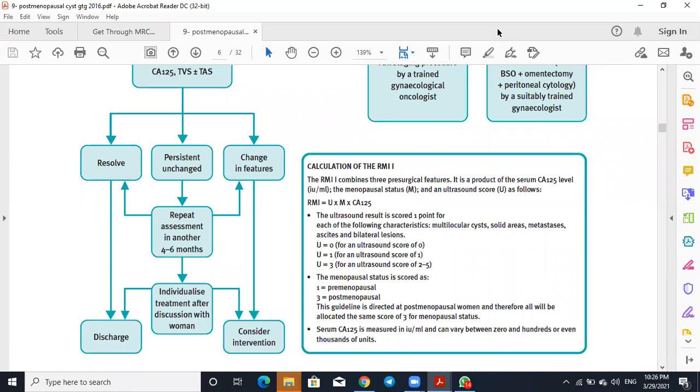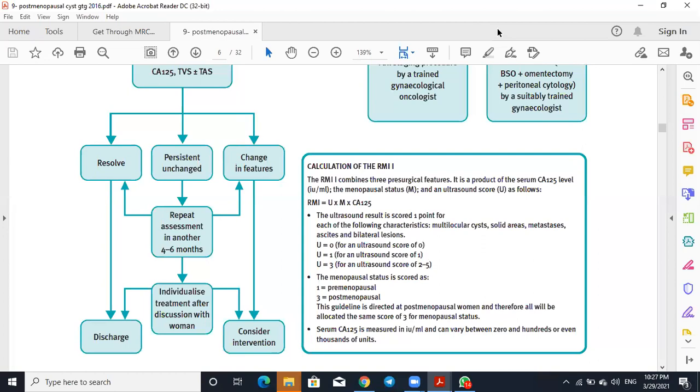If there is one feature, 1. But if more than one feature, that is, the cyst is bilateral and also multilocular, then you will give 3 points. What we are looking for in ultrasound is multilocularity, solid areas, metastasis, ascites, or bilaterality. If any one of these, only one, you will give a score 1. If 2 or more, you will give a score 3.